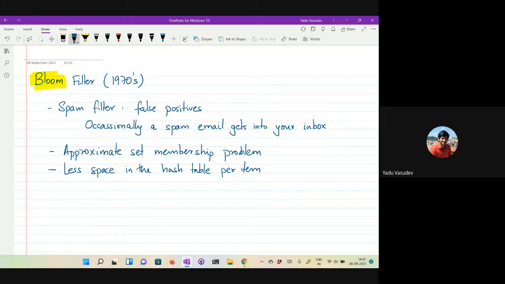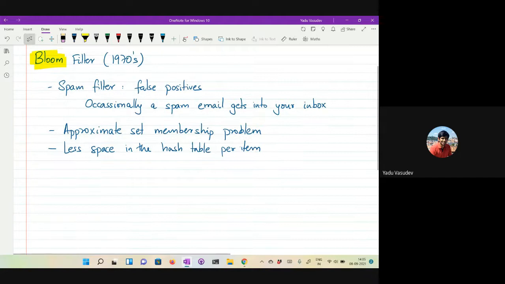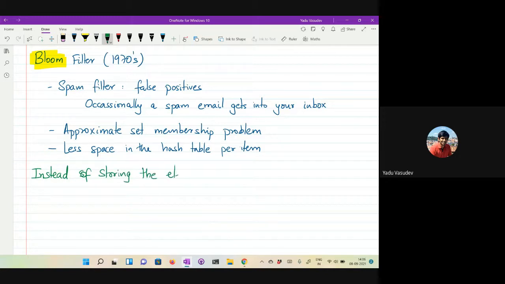So the idea of a Bloom filter is that instead of actually storing an element, the core idea is the following: instead of storing the element, store an indicator bit for an element.